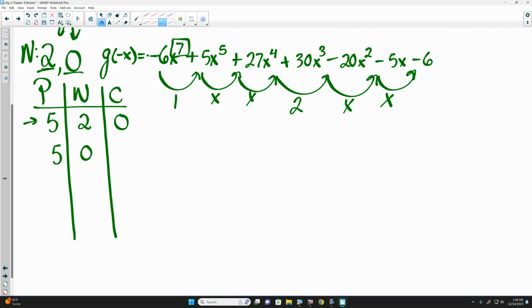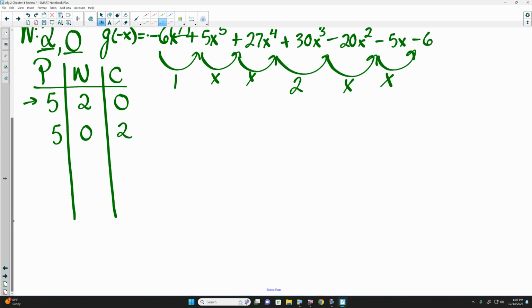We're missing 2, so there are 2 complex, because again we said how many solutions should we have? 7. So if I have 5 positives and 0 negatives, I have only 5 solutions, which means the other 2 have to be complex. Can we take 2 away from our 0 for the negative?